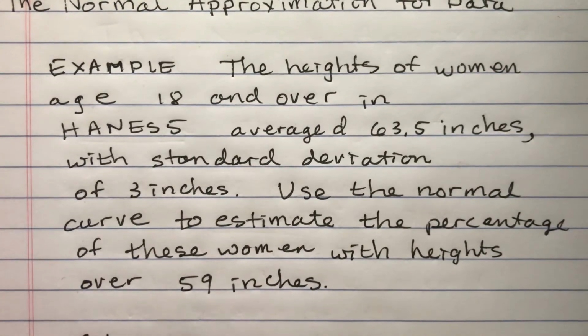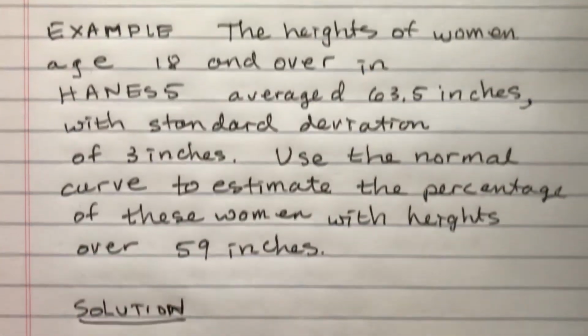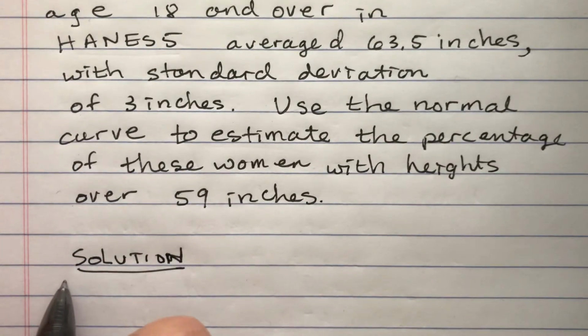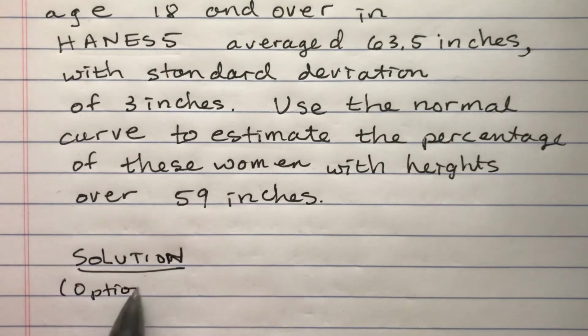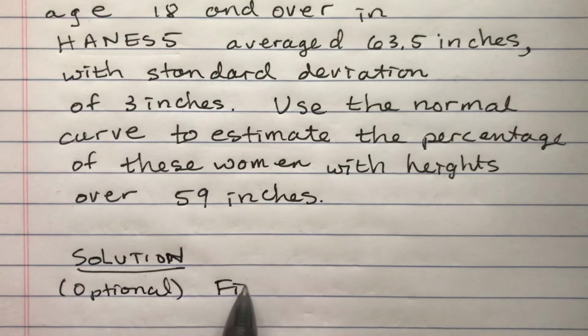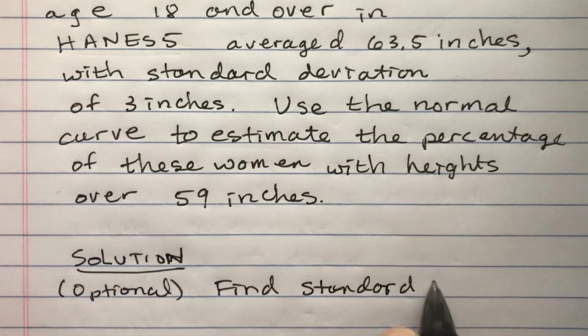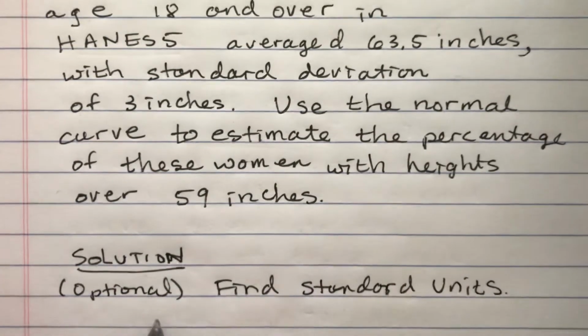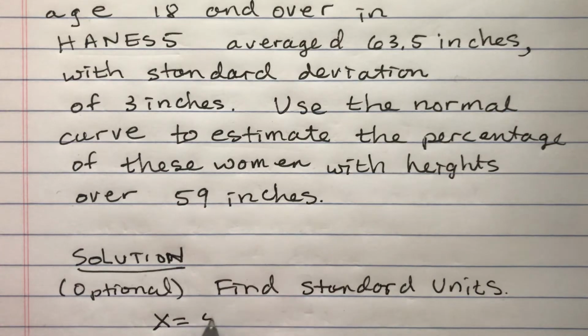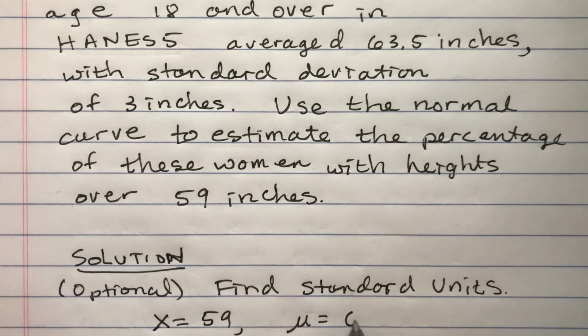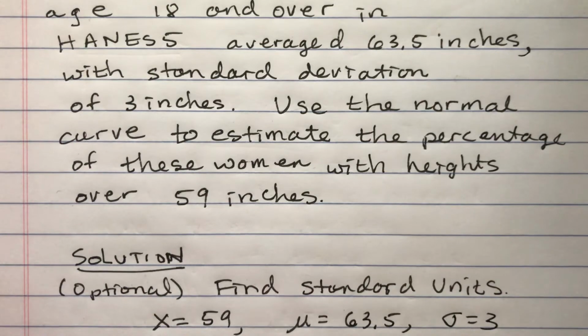Okay, let's just talk about this. So first of all, we can do this optional thing, which is find standard units. So if I have x is equal to 59, mu is equal to 63.5, and sigma is equal to 3, I can use this formula, which is z equals x minus mu over sigma.